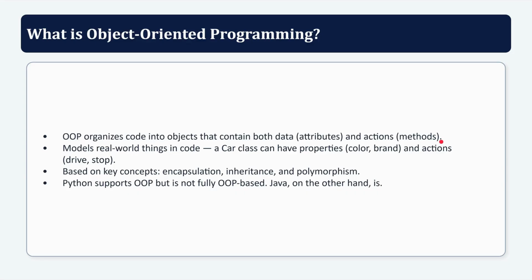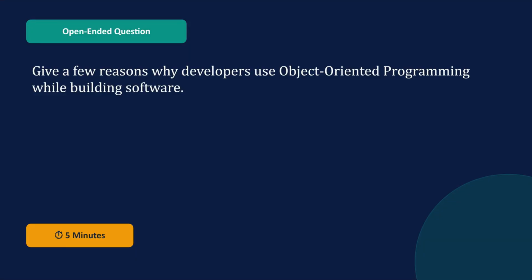A car can have the properties color and brand, and its actions are to drive and stop. It's based on the key concepts of encapsulation, inheritance, and polymorphism. Python supports OOP, but it's not fully OOP based. Java, on the other hand, is. So if you want to create programs that are fully OOP based, I'd recommend using Java.